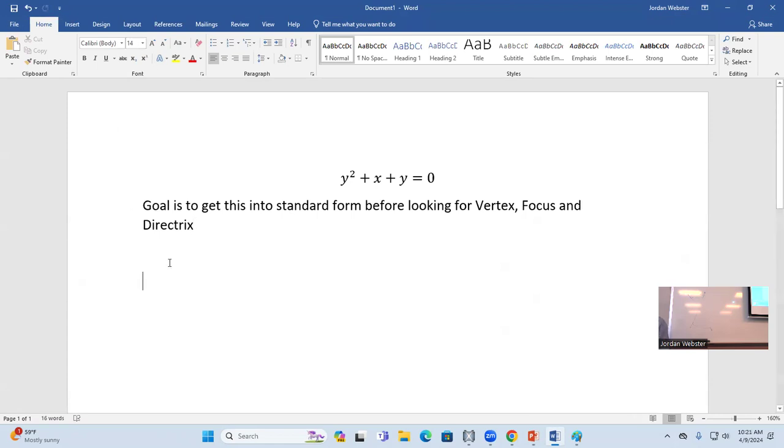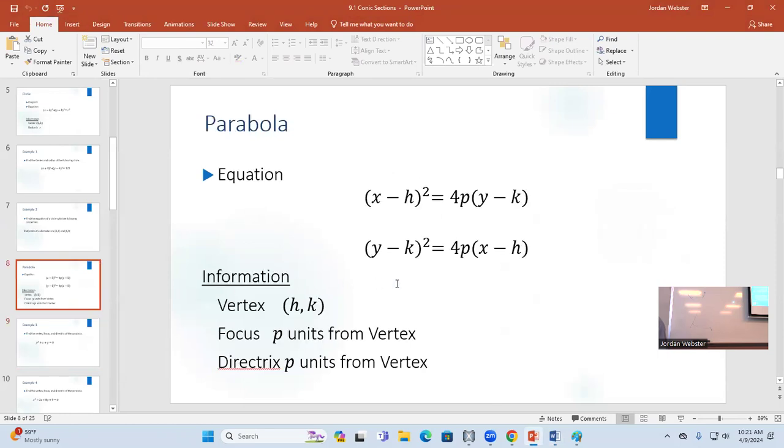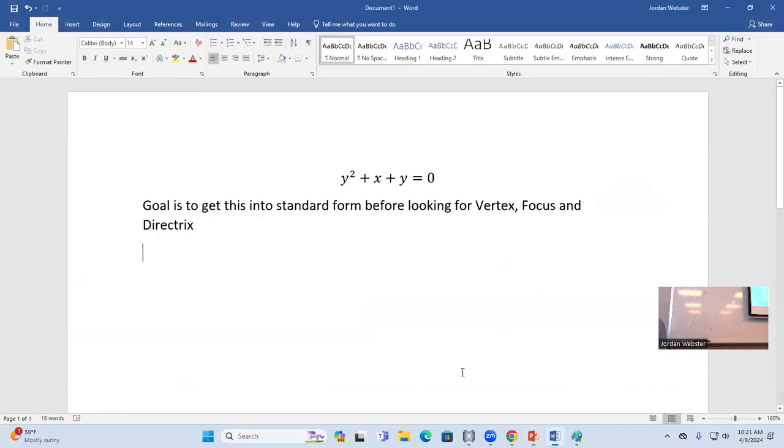Now, how do we get this into standard form? The first thing we have to recognize is that the y component is being squared. So we'd like to get this standard form, the one where the y part is being squared.